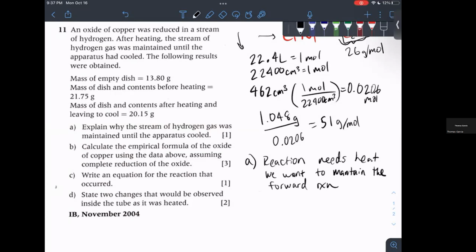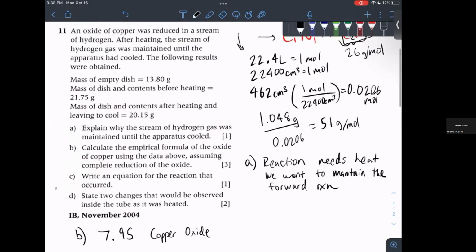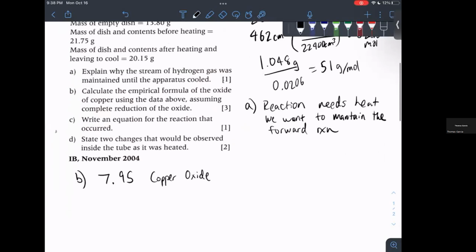So for the second one, calculate the empirical formula of the oxide. We need to do a little bit of math. So first off, if we find the weight of our original thing, it's going to be 7.95 of our copper oxide. And we actually know because after we have reduced it all and we have taken all the oxygen out, we just have 1.60 grams of oxygen.